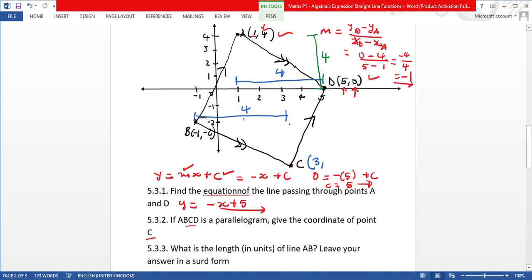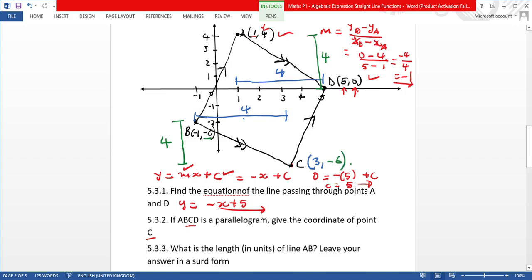So even here we're going to apply the very same knowledge to say the distance between point B and point C is also 4, and then you can work out the coordinate of C. So because we know that the y-coordinate for point B is minus 2, we're just going to say minus 2 minus 4 will take us to point C. So minus 2 and minus 4 gives us minus 6.